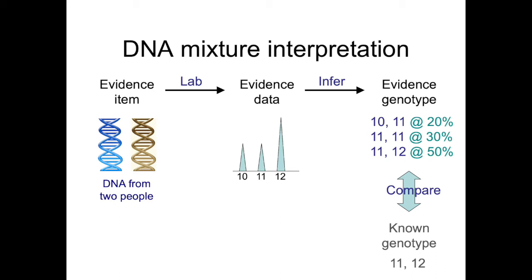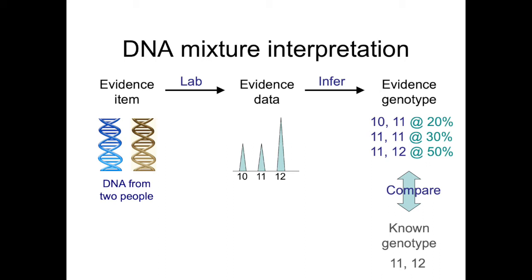So when it's adding together those genotypes, if you've got a 10 and a 12, and you add to it an 11 and a 12, then you'll get 1 dose of 10, 1 dose of 11, 2 doses of 12. And that's what you see in the data. So it's a better explanation of the data and imparts more probability. Whereas terrible explanations would have almost 0 probability.